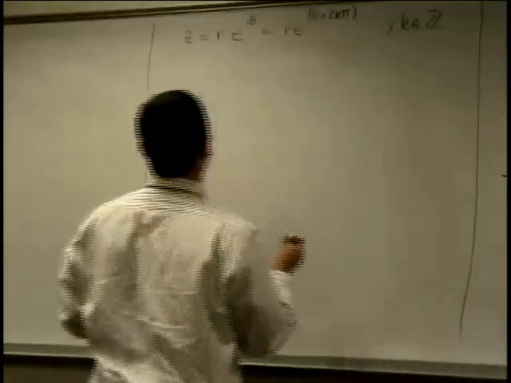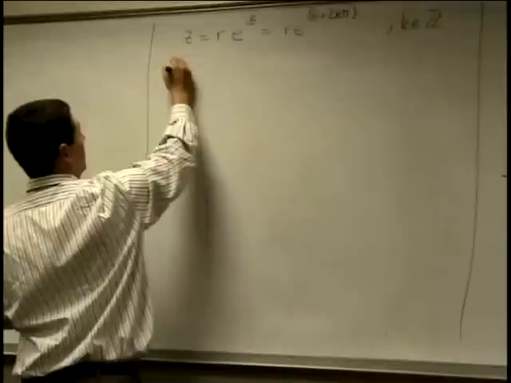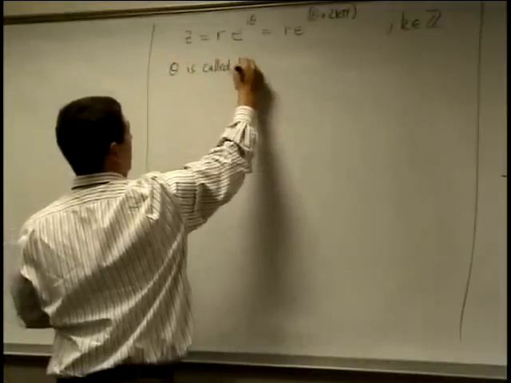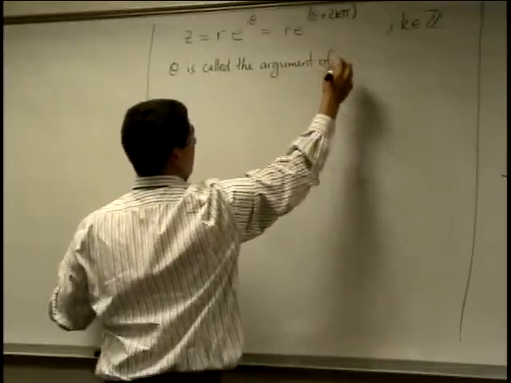By the way, we're going to give a name here. This theta is called the argument of z.